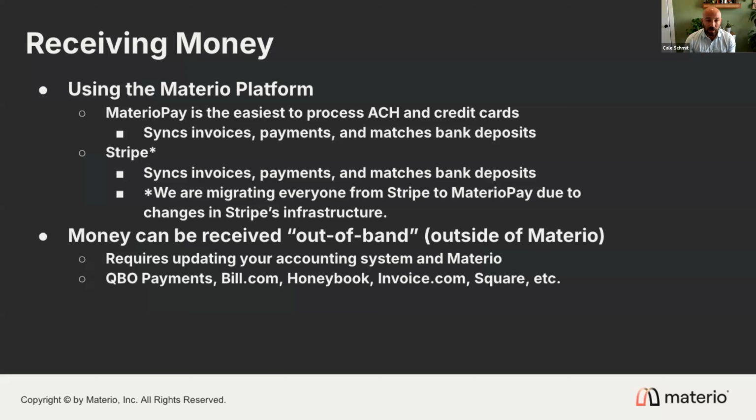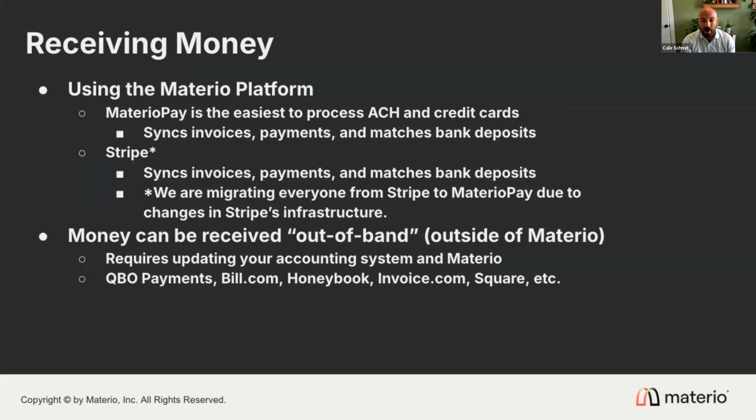Whenever you do that, say you're using QBO Payments or Bill.com or Honeybook or any of those other payment processors, they all have their strengths and weaknesses. But what happens is you have two systems to keep up to date because you'll have to receive money in one system, then mark it paid in Materio so that Materio is aware that that money was received. Same thing with cash. You'll have to mark that paid manually in Materio.